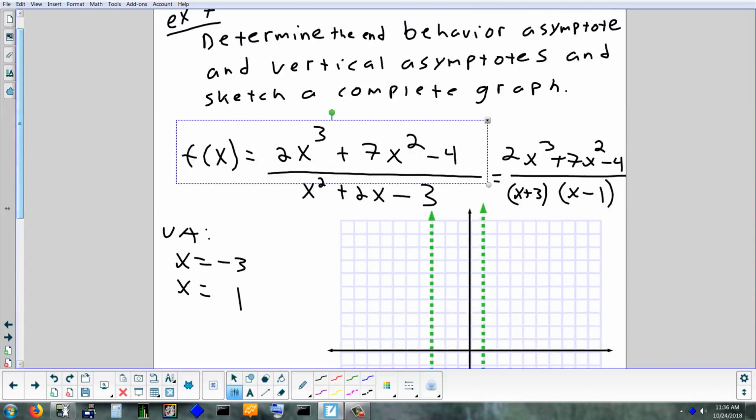What do you think? When can you use synthetic division? Remember what the bottom has to look like? Give you a hint, it's not that. So that is not something you can use synthetic division on.